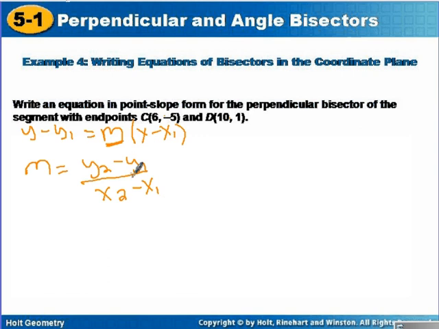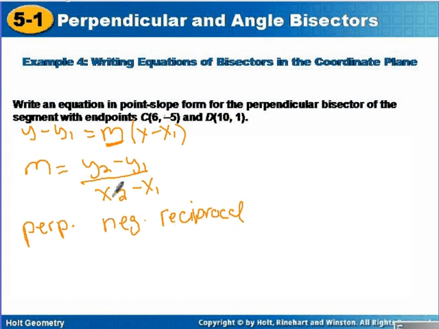And then when you get the slope of the original line segment from this point to this point, then figure out what's the perpendicular slope. And remember that perpendicular slope is the negative or the opposite reciprocal.